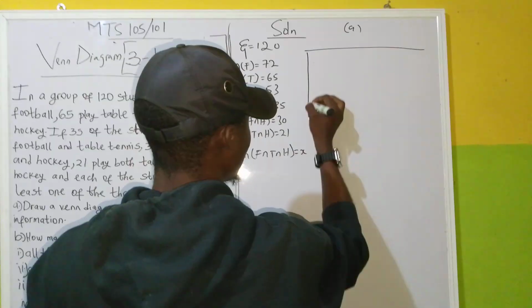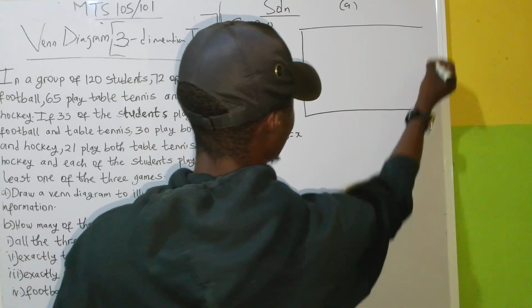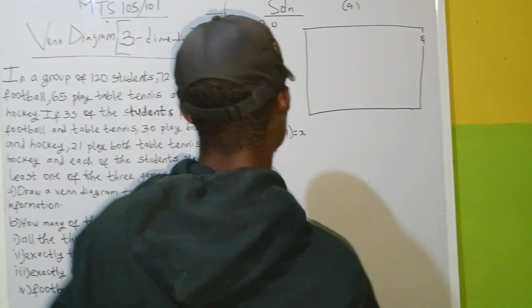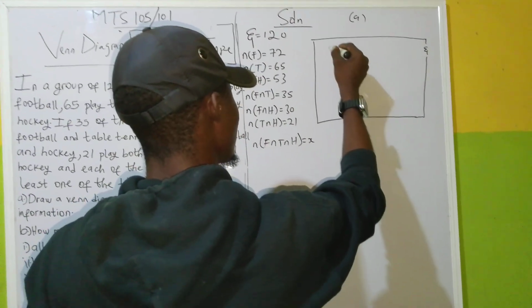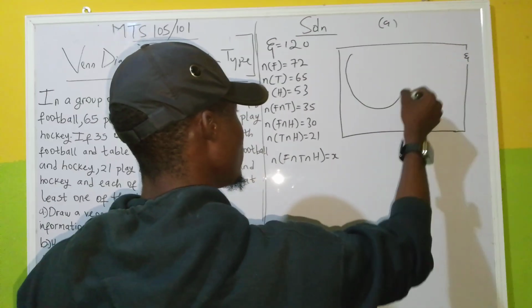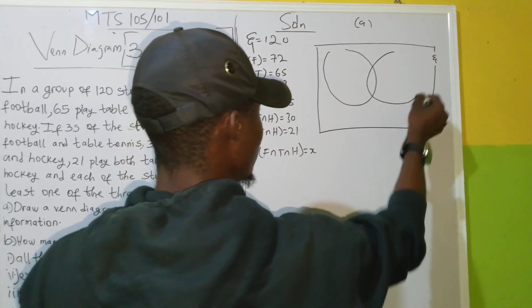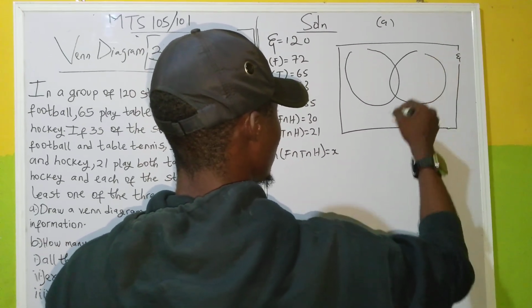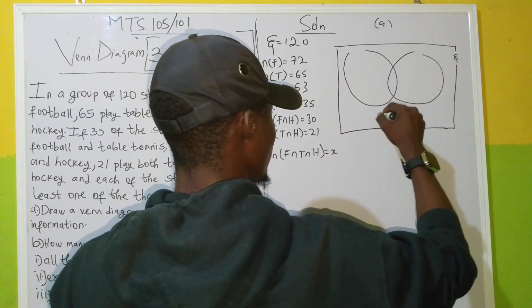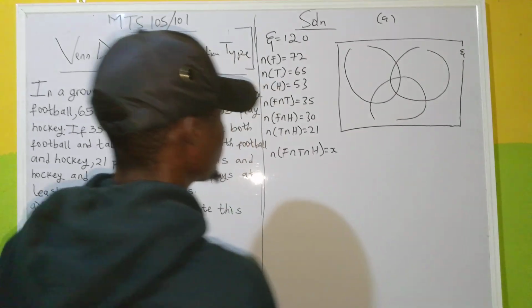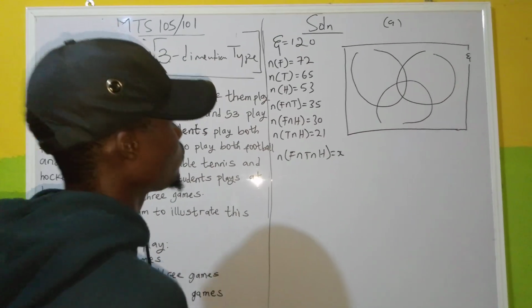It's our Venn diagram. We have this first circle, the second circle, and the third circle.